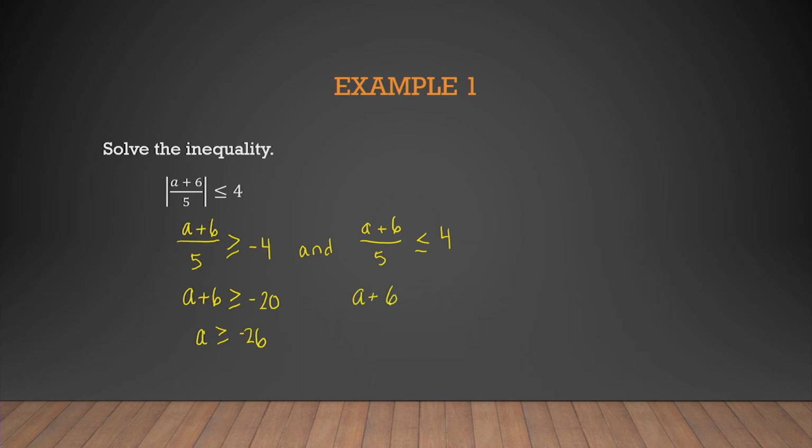We get a plus 6 is less than or equal to 20, and then subtracting 6 tells us that a is less than or equal to 14. Now I need to combine these two using interval notation. That tells me that a is between negative 26 and positive 14, and I can include the two endpoints.